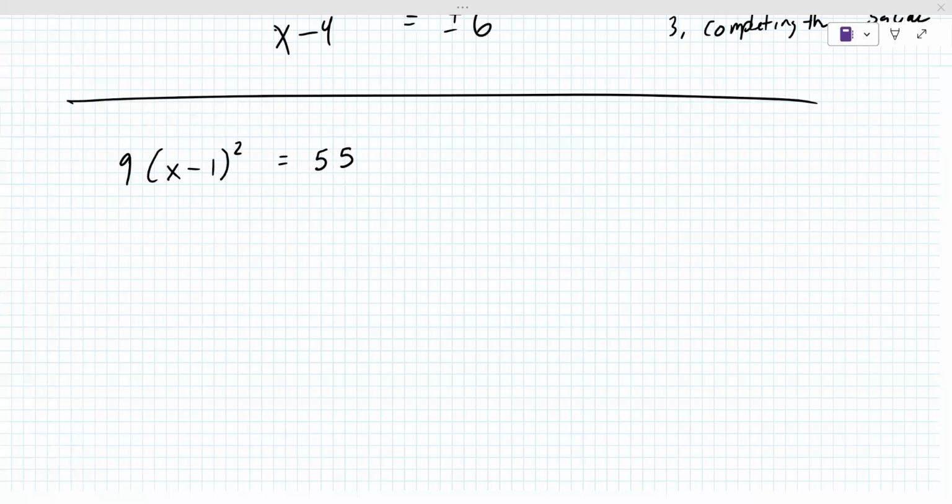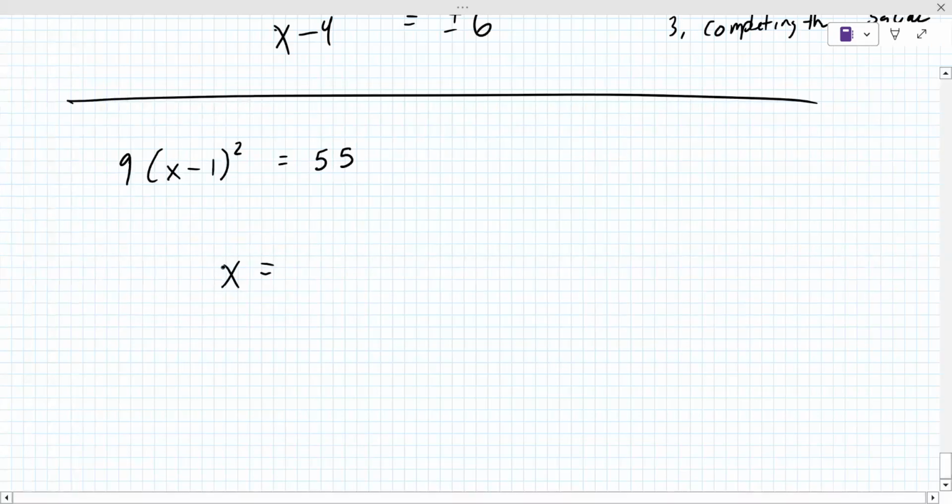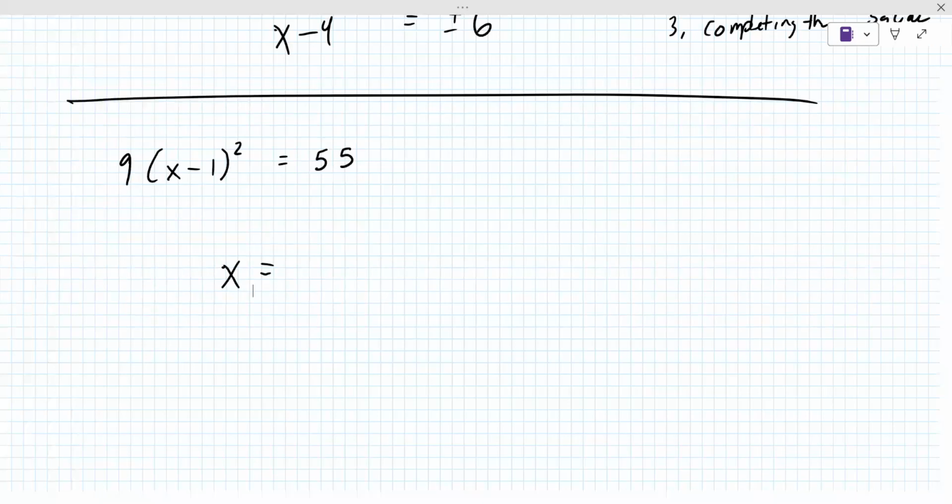Yeah, square root of 55 over 3. Okay, so give me your final answers here. So then x equals 1 plus or minus the square root of 55 over 3. Good.